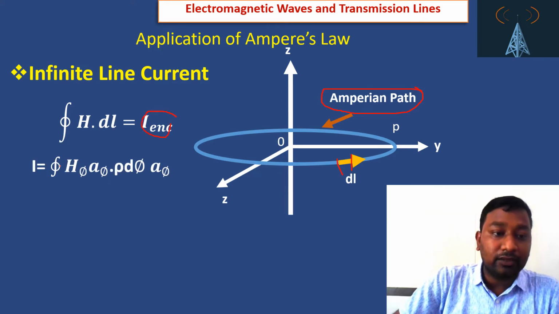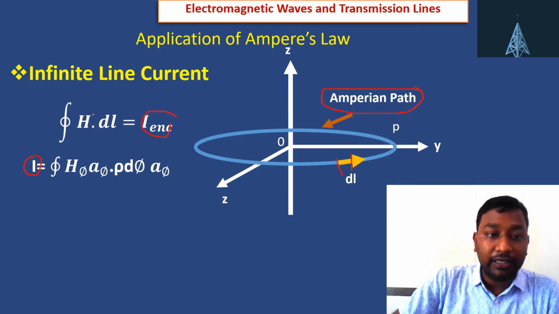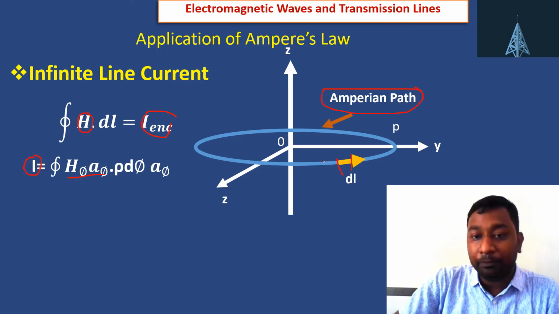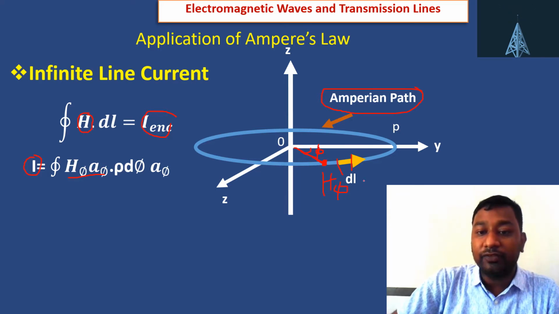Now we put H dot dl equal to I enclosed, the same I. Instead of H we write H phi a phi. At any particular point, the H phi depends on the angle, which we consider as phi. So at the point where the H value is there, we calculate it by H phi into a phi.